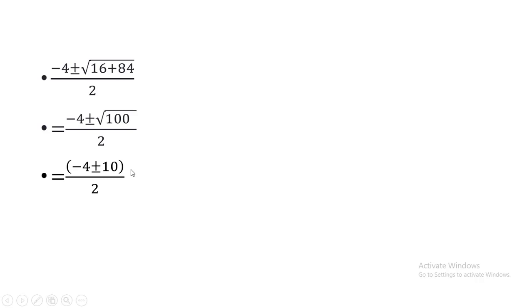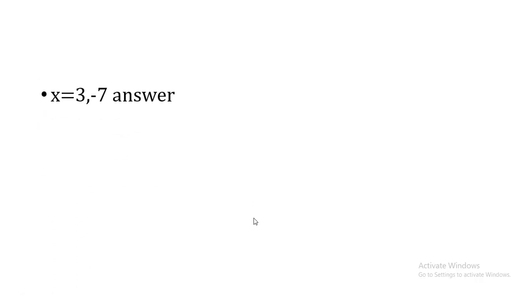Minus 4 and the 2 remain the same; what changes is that one time I add 10 to minus 4, the other time I subtract 10 from minus 4. So minus 4 plus 10 divided by 2 and minus 4 minus 10 divided by 2, after simplifying, give 3 and minus 7, which is my answer.